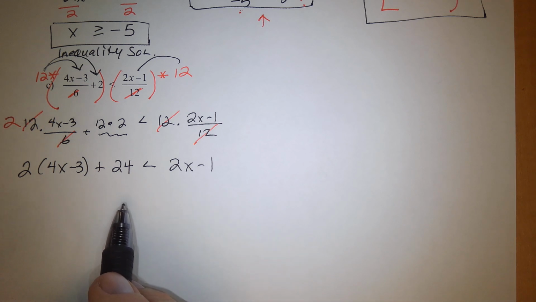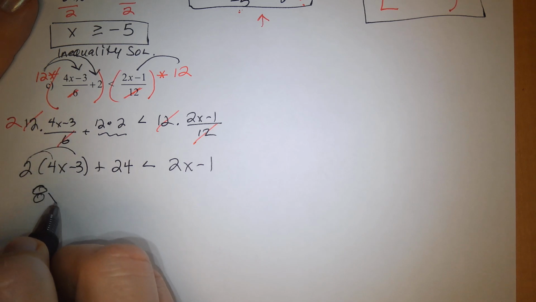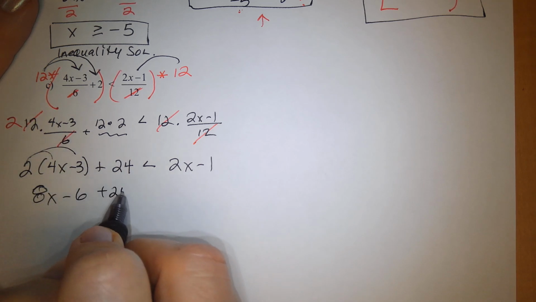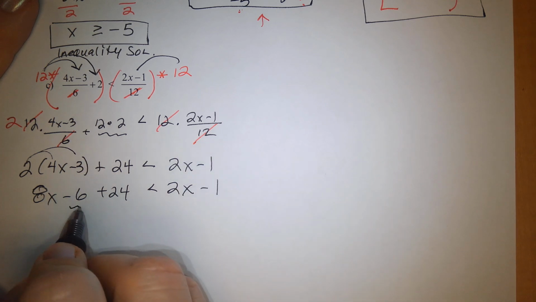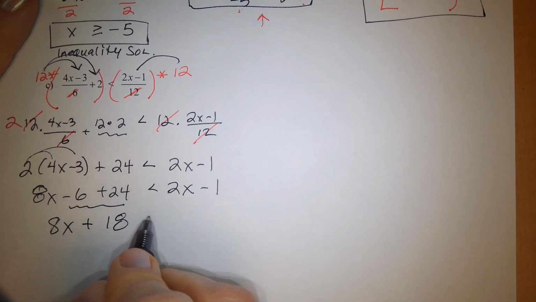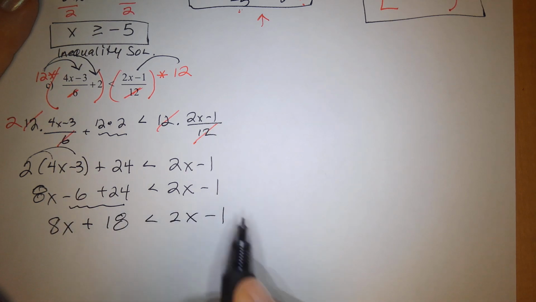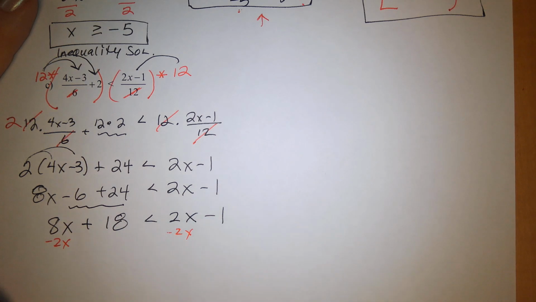So let's finish solving. Let's distribute the 2. So I have 8x minus 6 plus 24 is less than 2x minus 1. Combine like terms. 8x plus 18 is less than 2x minus 1. I'm going to move the 2x to this side. That gives me 6x.